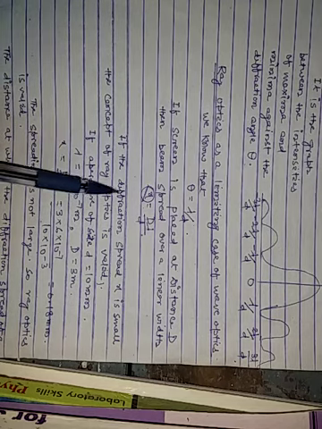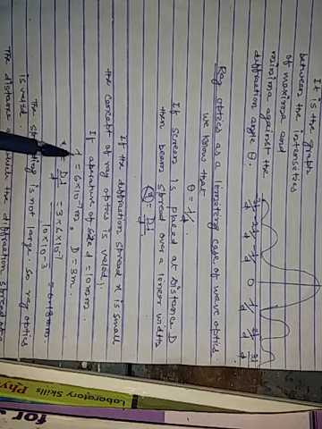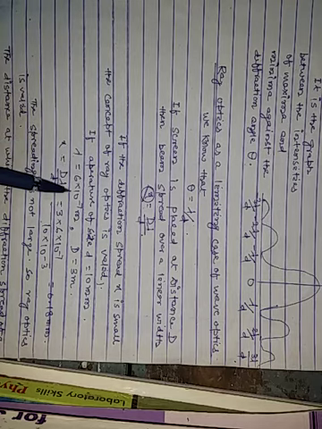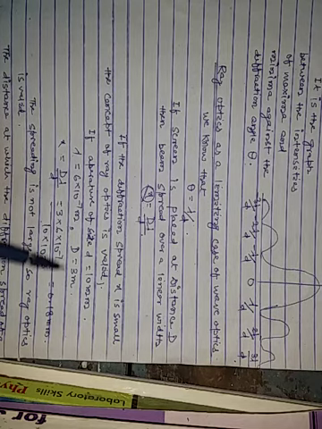For example, the aperture of size d is equal to 10 millimeter, the wavelength of light lambda is equal to 6 into 10 to the power minus 7 meter, and it travels a distance D is equal to 3 meter.